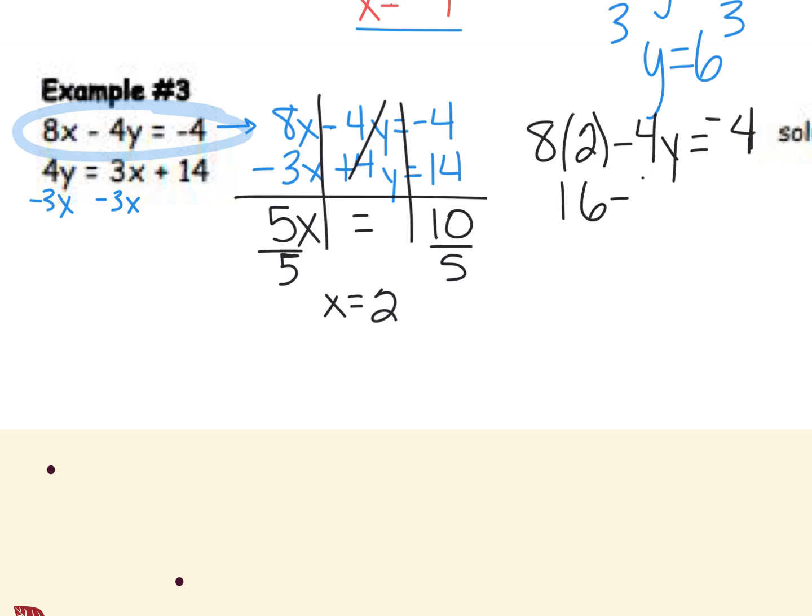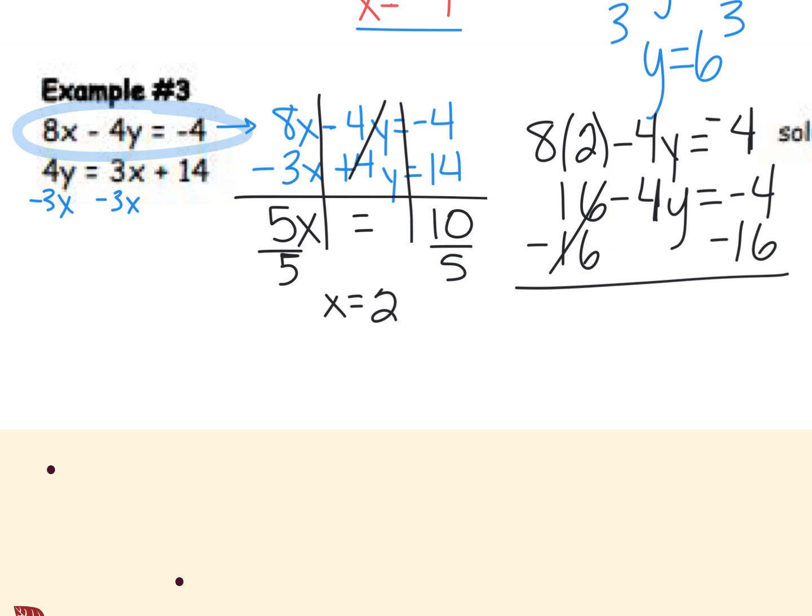Now we can just multiply, solve it like we're used to, undo the add, subtract. Be very careful right here. This is not a negative 12, okay? This is a negative 4 and a negative 16. That's actually a negative 20. And when you bring down this 4y, make sure you bring that negative with it so it doesn't mess up your problem.